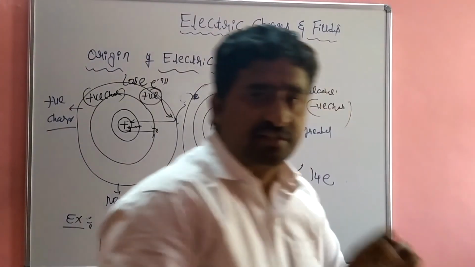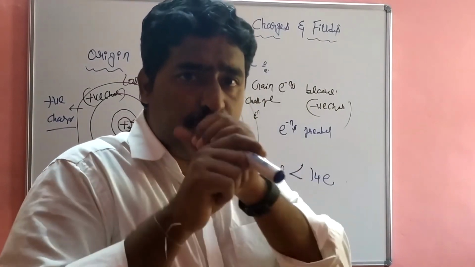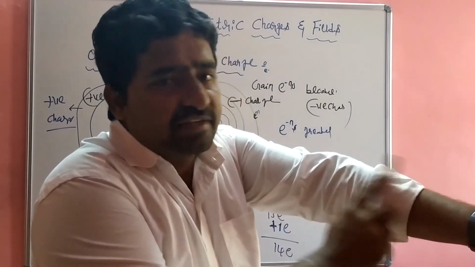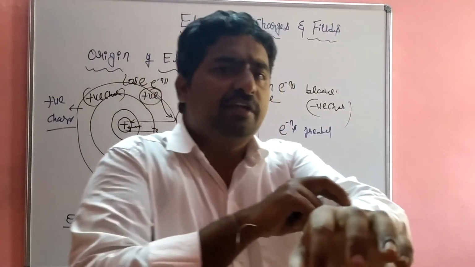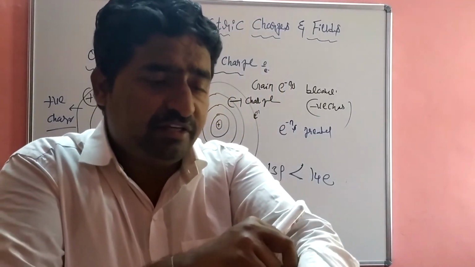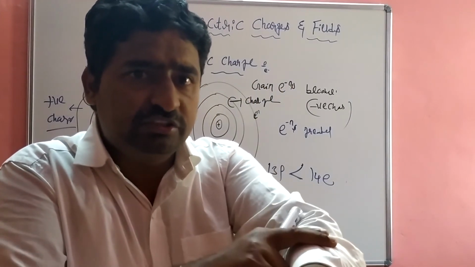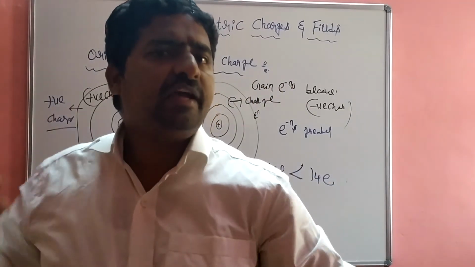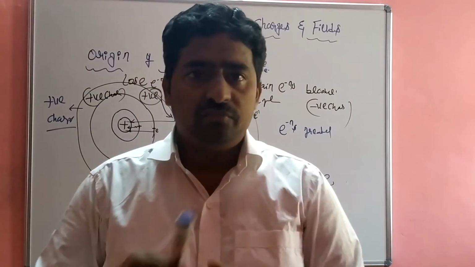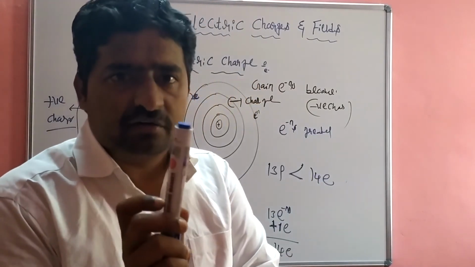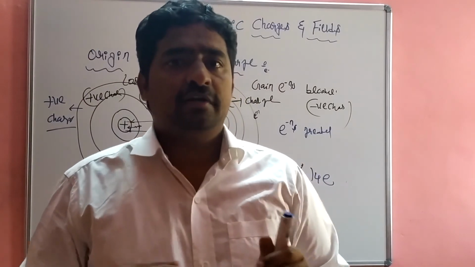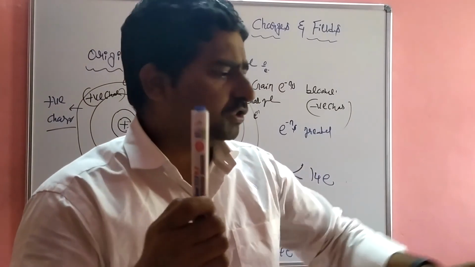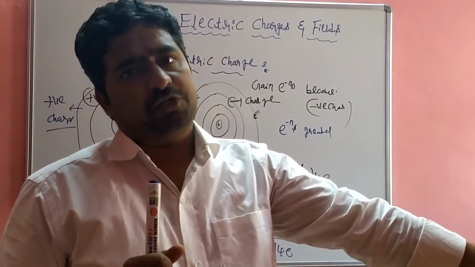The silk cloth has its own property of losing the electron, and the rubber is gaining the electron. So this is negatively charged, and this is positively charged.